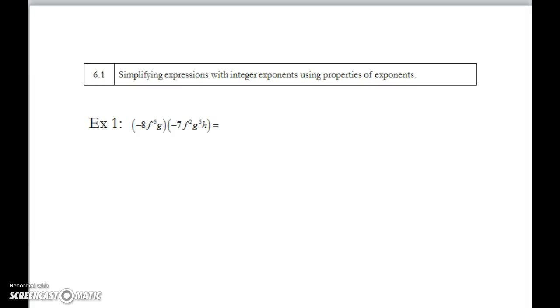So for our first problem here, example 1, we're going to be using the product property. And the product property says that if you have a base to an exponent times the same base to an exponent, that product is that base to the sum of the exponents.